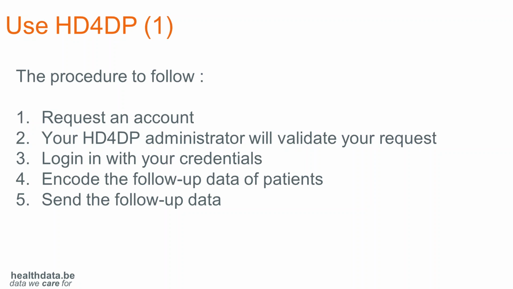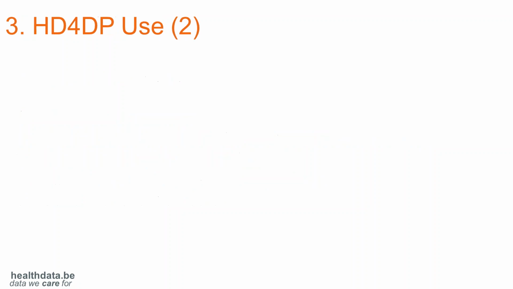When you request an account, your HDFODP administrator, that means people from the IT department, will validate your request, and then you will normally get your credentials, and you can log in to the application using them. And when you can log in, you will be able to encode the follow-up data and then send the data toward us.